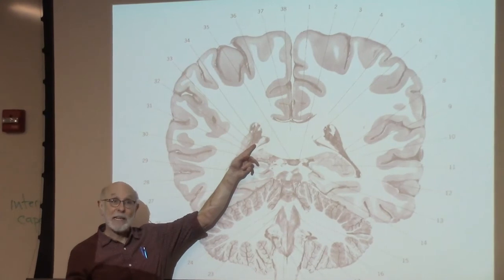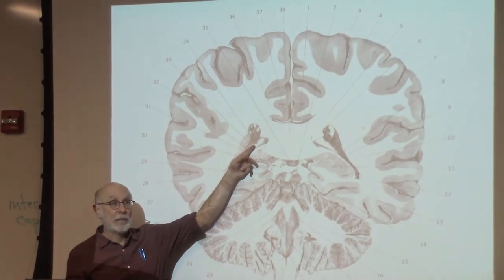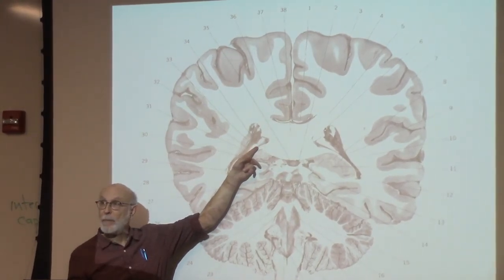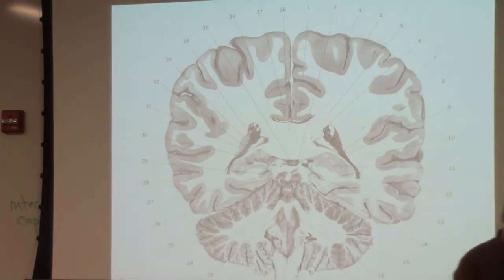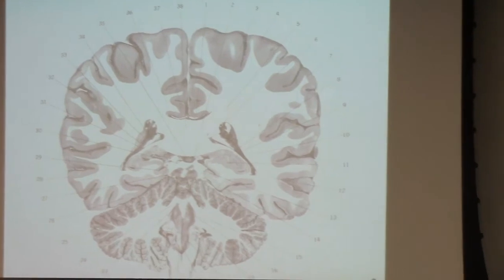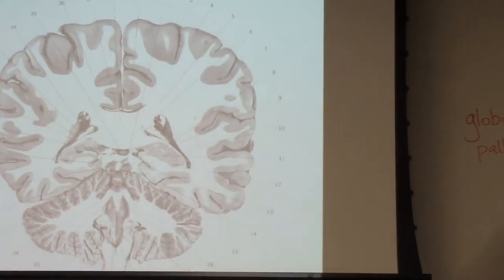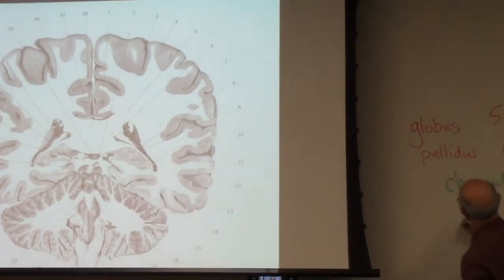And it's what makes cerebrospinal fluid. That's its function, that's why it gets a name. Choroid plexus, let me spell that out for you. Choroid plexus.